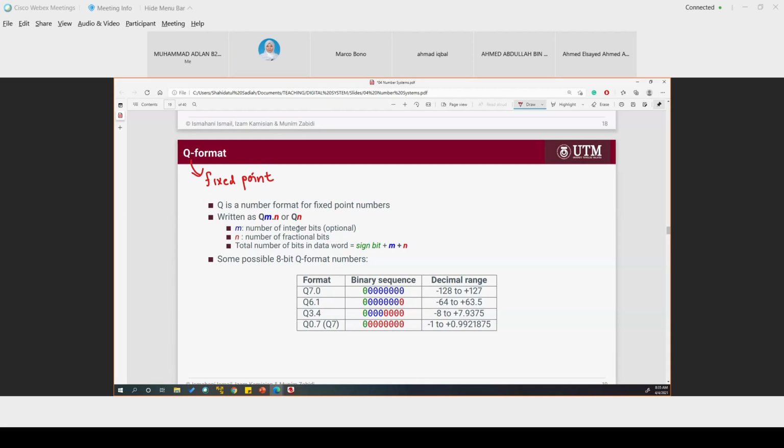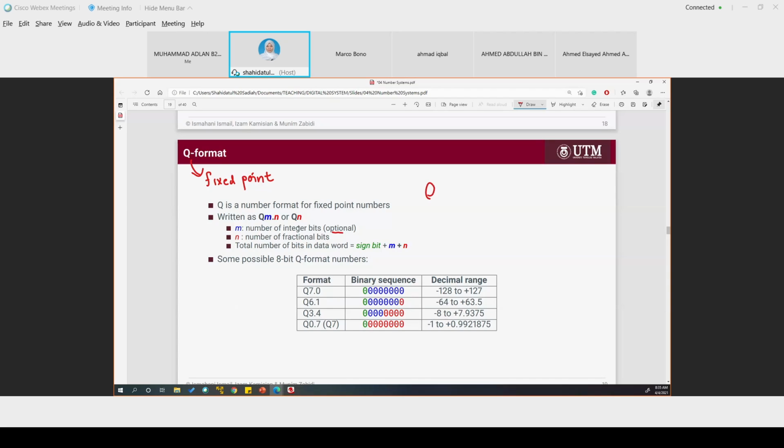Q is a number format for fixed point numbers, written as Qm.n or Qn, where m is the number of integer bits, which is optional, and n is the number of fractional bits. The integer is optional because our main focus is to represent fractions.